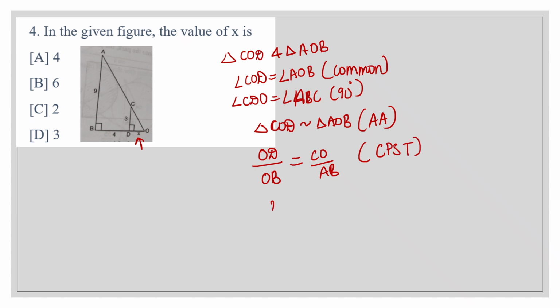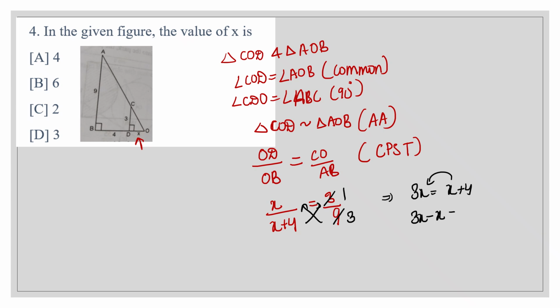OD is x, OB is x plus 4, CO is 3 and AB is 9. We can cancel 3 and 9: 3, 1, 3, 3. Now cross multiply. This will give you 3x is equal to x plus 4. Solving the linear equation, 3x minus x is equal to 4. 2x is equal to 4, hence x is equal to 2.